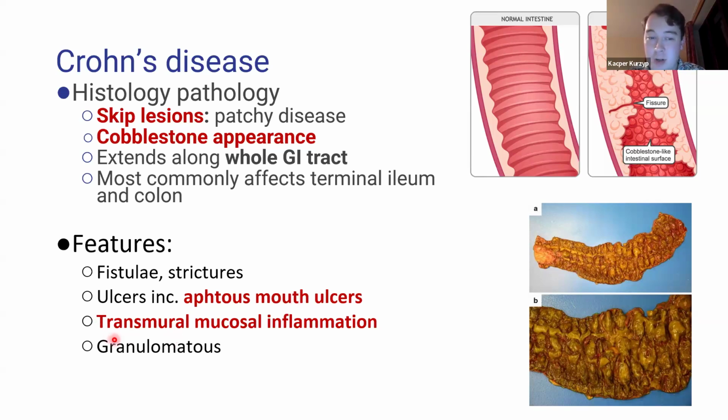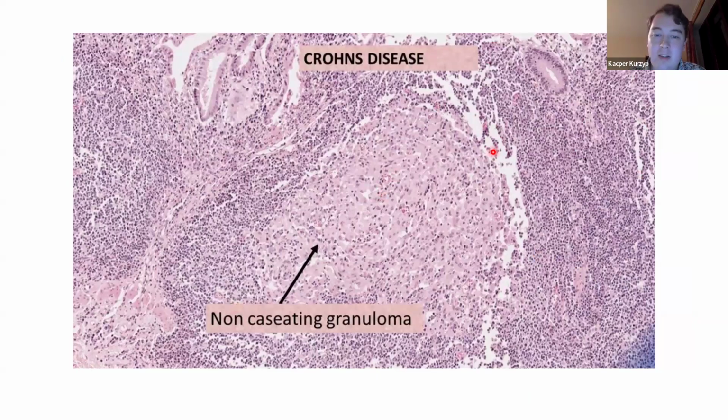Important question that they like to ask: inflammation in Crohn's is transmural, so it covers the entire thickness of the colon, which is an important differentiator. And as I've mentioned, it is a granulomatous inflammation. As you can see here, this is the non-caseating granuloma, which will be common in the histology slides from Crohn's disease.